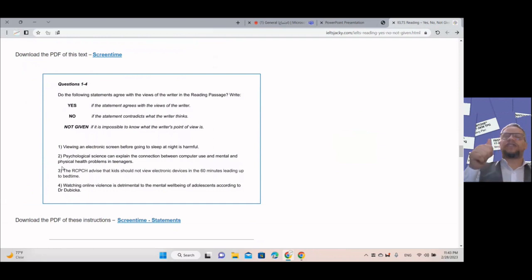Step 1 is to read the question before the paragraph. So I will read now: viewing an electronic screen before going to sleep at night is harmful. Read the question or the statement first, then take the keywords. If it is yes, no, not given, it means opinions, and opinions means you should have some adjectives.